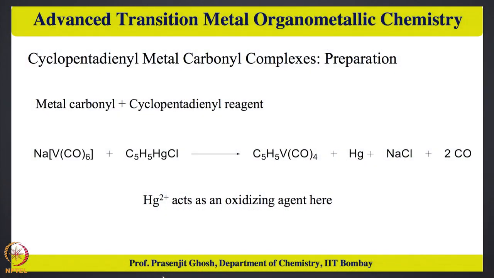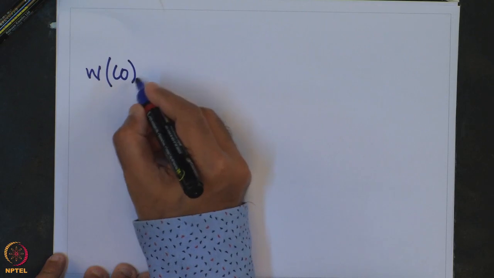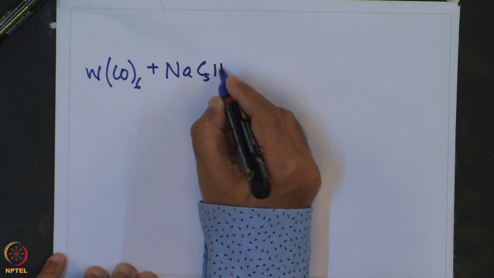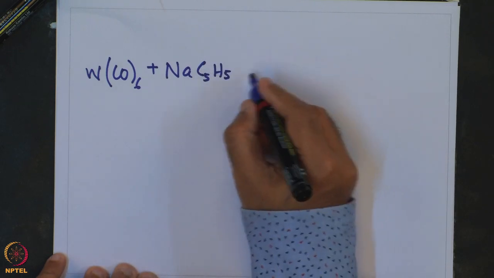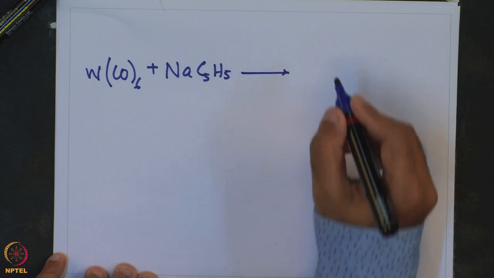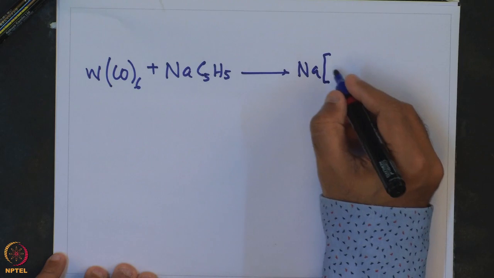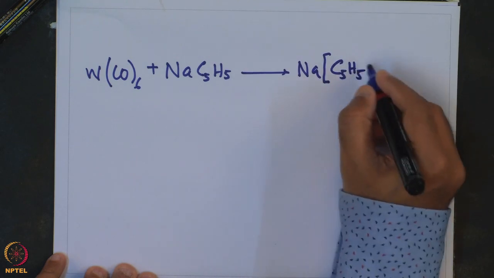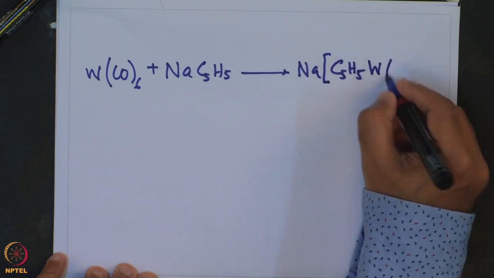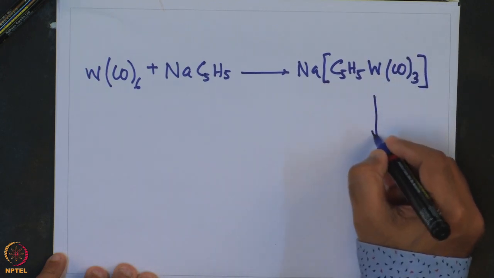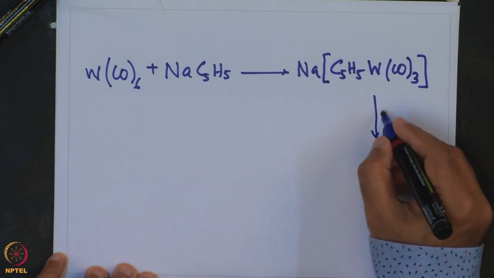The next method also is along a similar line, reaction of tungsten hexacarbonyl plus sodium Cp, which results in the formation of sodium C5H5 tungsten CO3, and that is a metalate anion.